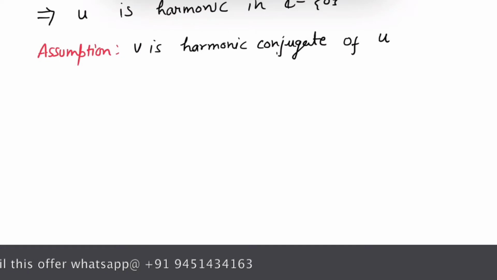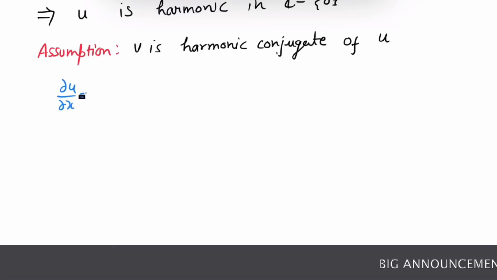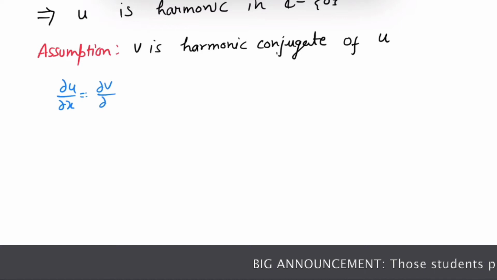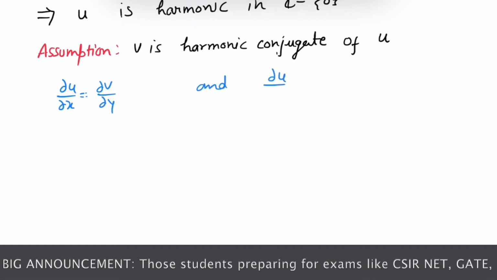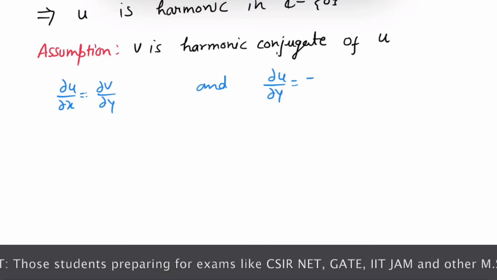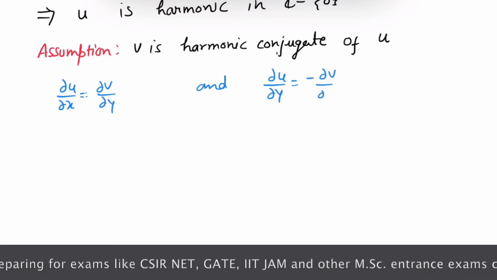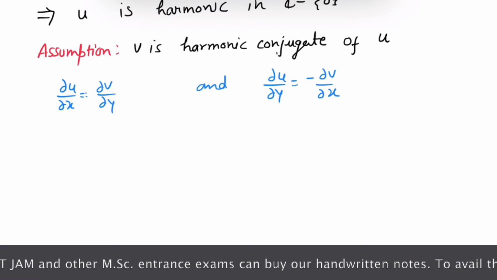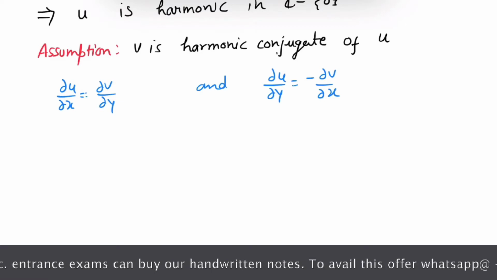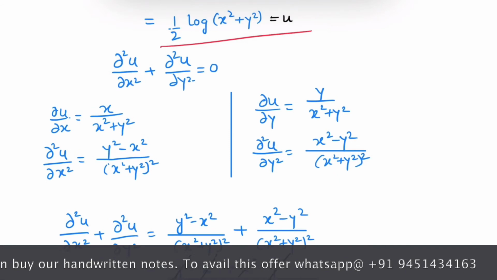If v is the harmonic conjugate of u, then it will satisfy the Cauchy-Riemann equations, that is del u over del x equals del v over del y, and del u over del y is minus del v over del x. And del u over del x is what?